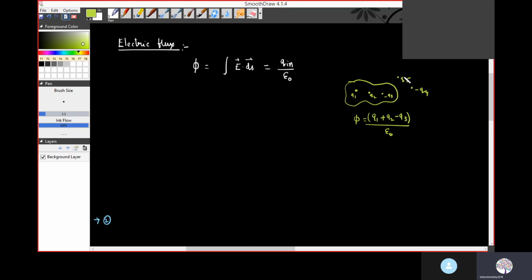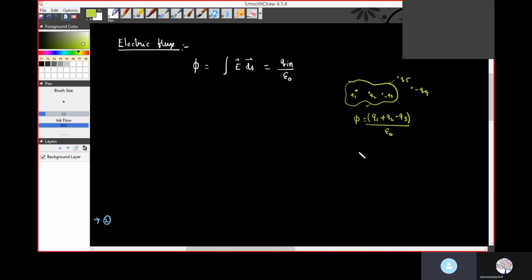The flux due to the charges outside is equal to 0. Because when it produces electric field lines, there will be incoming flux and outgoing flux. So the incoming flux is equal to outgoing flux. So the flux produced by the charge which is outside is going to be 0. So only the flux of charges which are inside you need to consider.